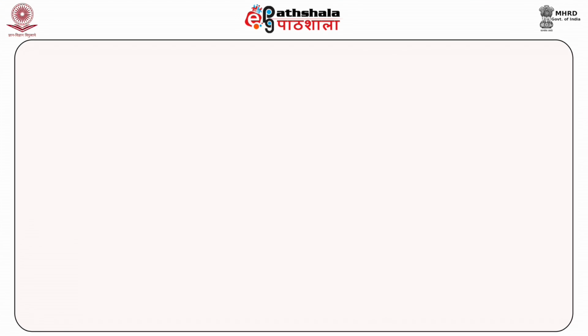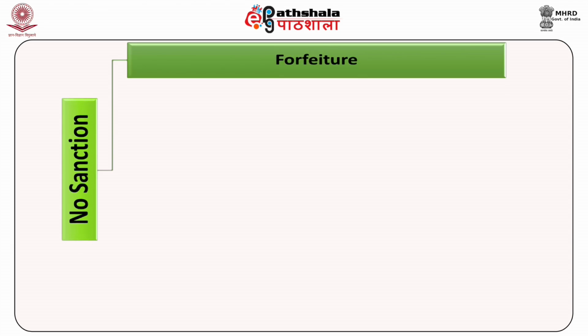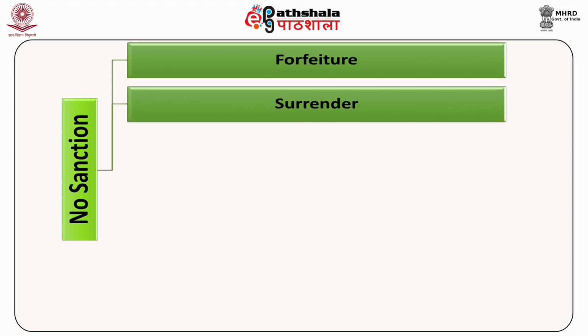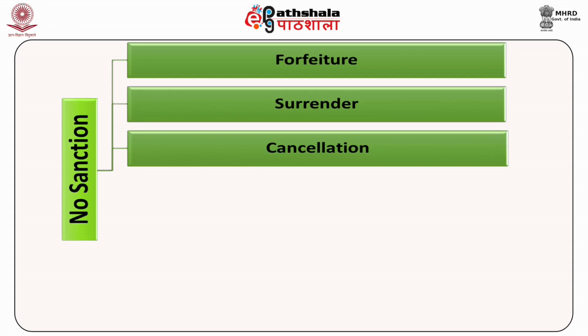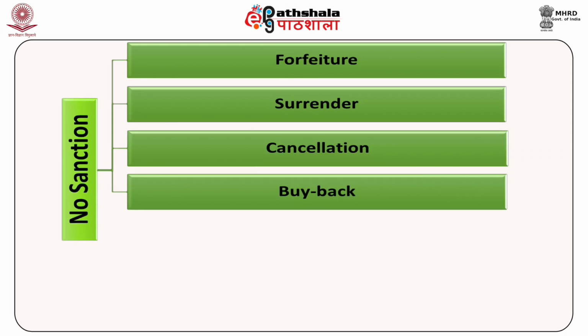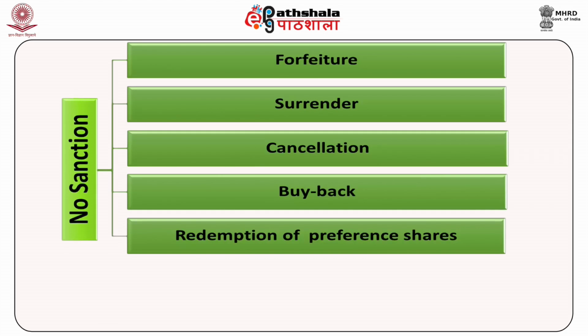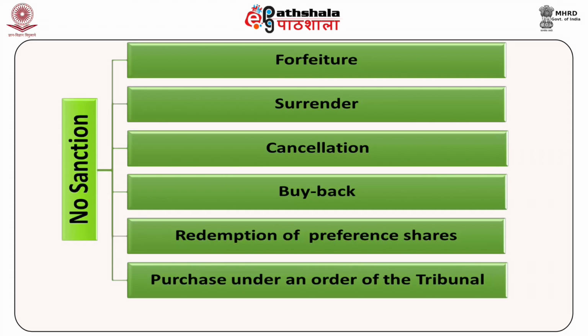In the following cases, reduction of share capital does not require sanction of the tribunal or court, namely: number 1, forfeiture of shares; number 2, surrender of shares; number 3, cancellation of unissued capital, also known as diminution of share capital; number 4, buyback of share capital; 5, redemption of preference shares; and 6, purchase by the company of shares of a member under an order of the tribunal or Company Law Board at present for prevention of oppression and mismanagement.